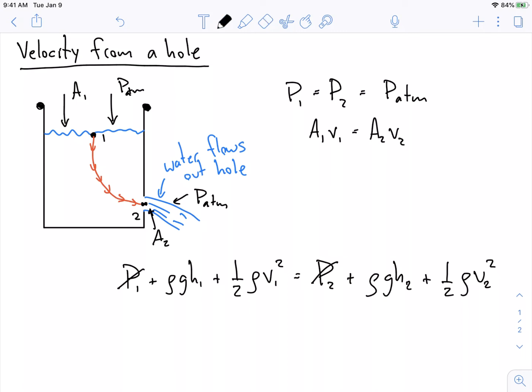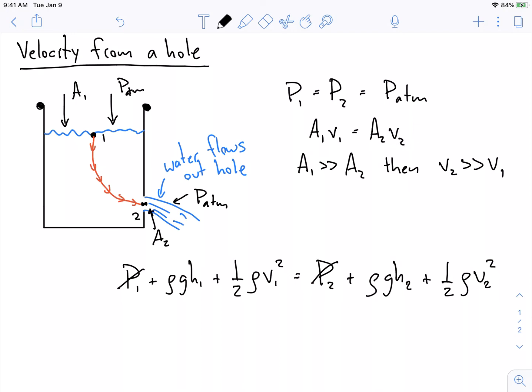Well, what does this mean? This means that if A1 is much, much bigger than A2, then V2 must be much, much bigger than V1, right? If this one's small, then this must be really big in comparison.